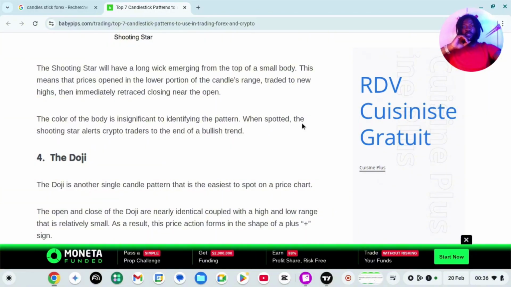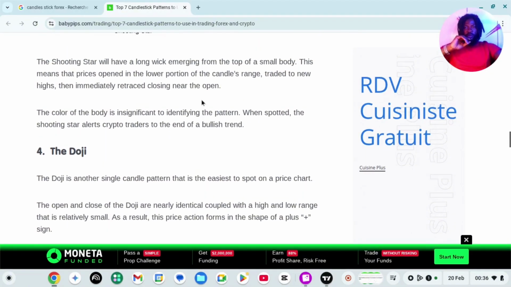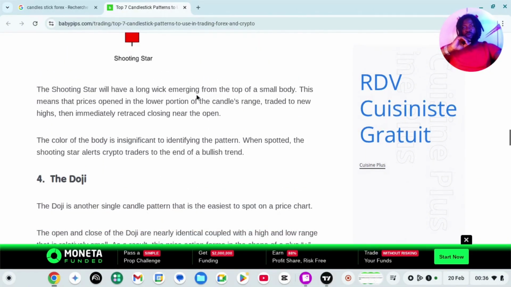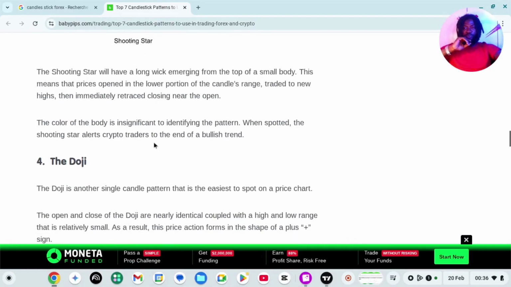When spotted, the shooting star alerts crypto traders to the end of a bullish trend. Okay, like I said in my explanation, it is the start of a bearish trend, the bullish trend exhausting, and the bearish trend gaining their strength.